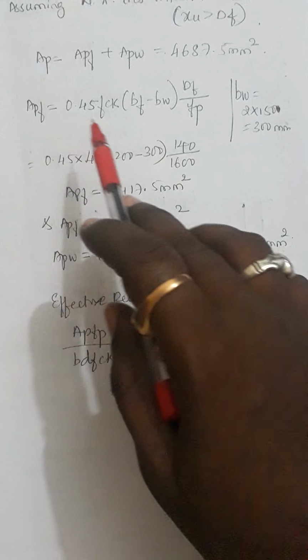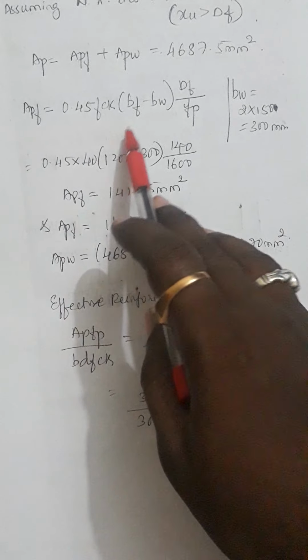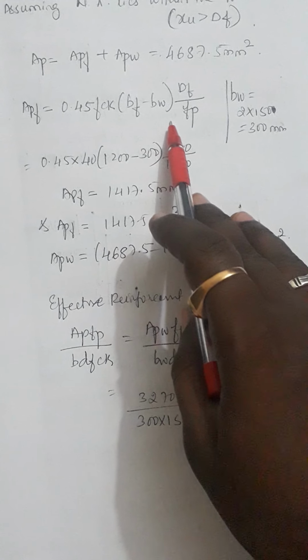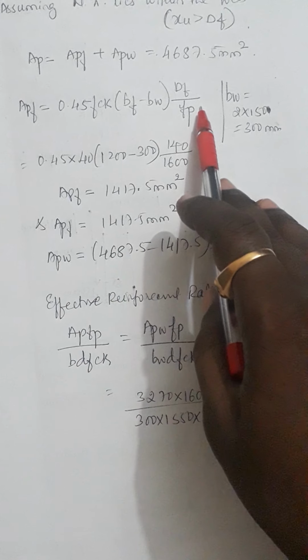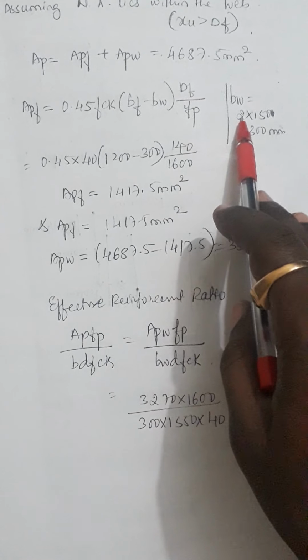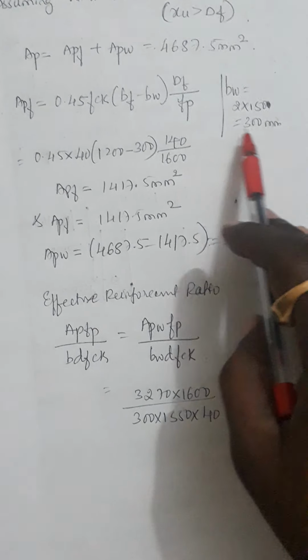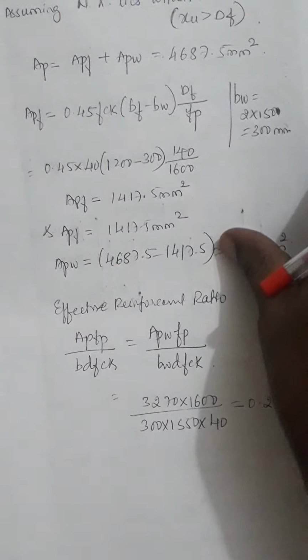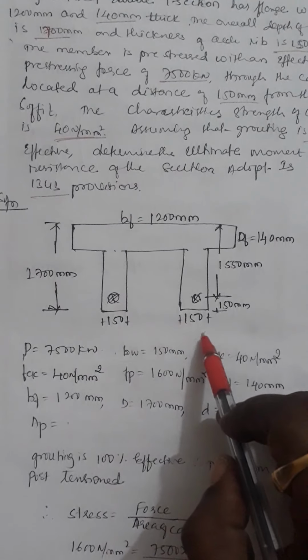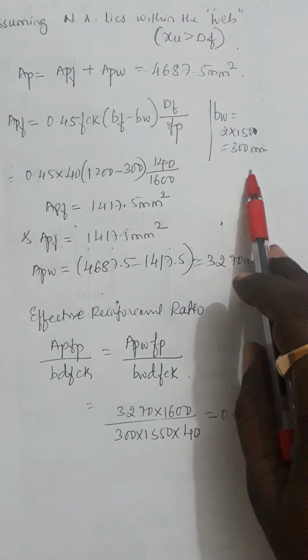Area of pre-stressing flange is equal to 0.45 FCK into breadth of the flange minus breadth of the web, into depth of the flange, divided by FP. Breadth of the web: as there are two sections, 2 into 150, that is 300 mm.